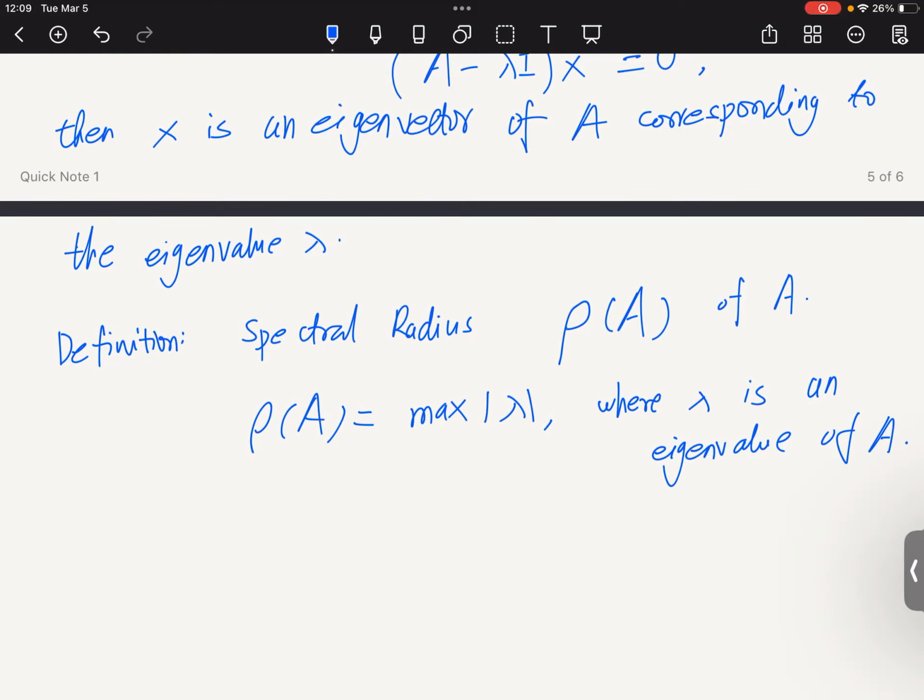Does it make sense? If not, let's take a look at one concrete example.